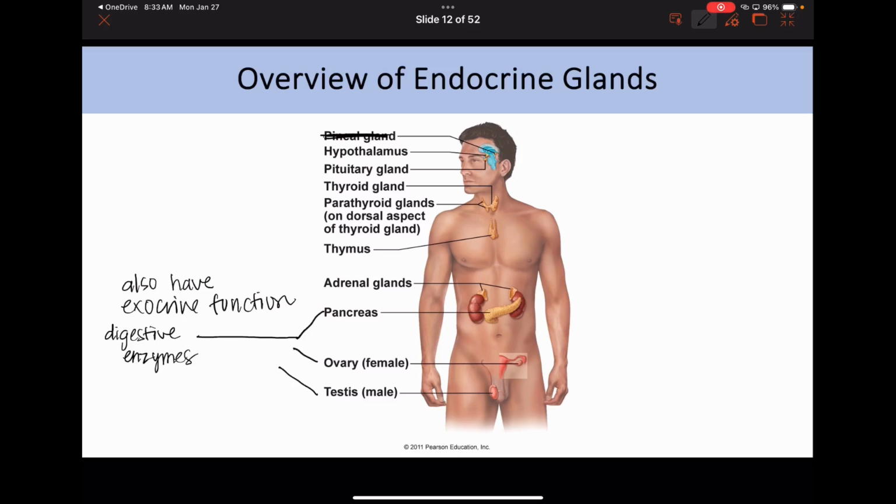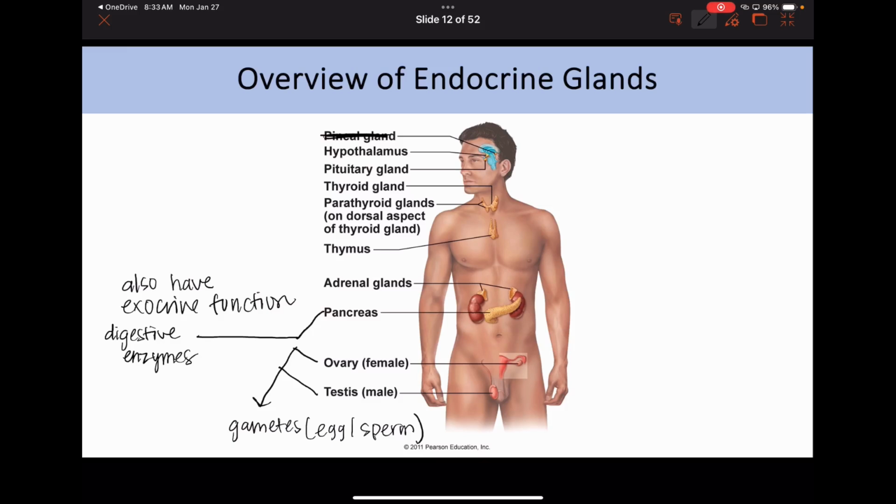Remember, with exocrine glands, they are going to release their product onto an internal or external surface, the internal surface here being the digestive tract. And then the exocrine function for both the ovary and testes, so your egg and sperm. But they'll also produce hormones like estrogens and testosterone.